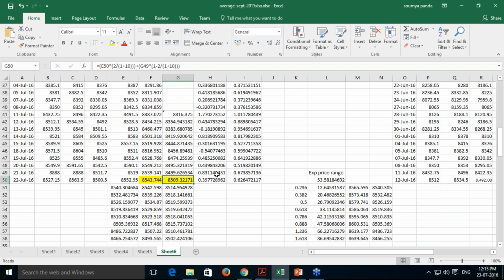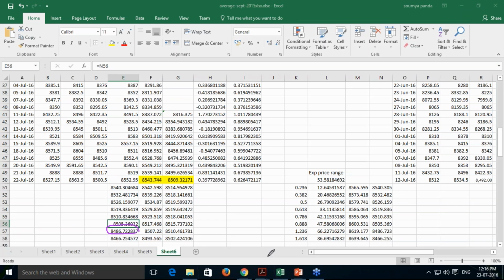So the trend is up, and I am again doing similar kinds of calculations, and I am getting a different view of when this trend is going to change. So taking all the downtrend price points of the exponential moving average, and similarly by taking the 5 days and 10 days exponential moving average, I am concluding that the trend is going to change when this particular price of 8486 comes.